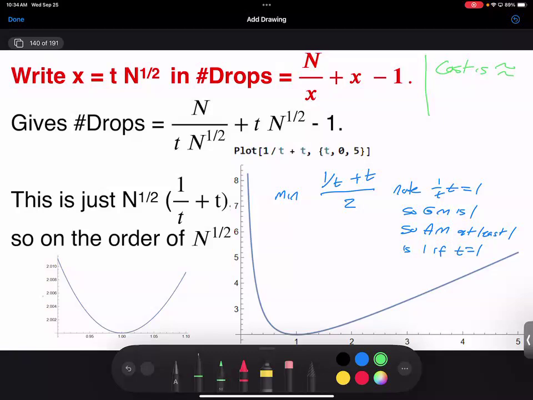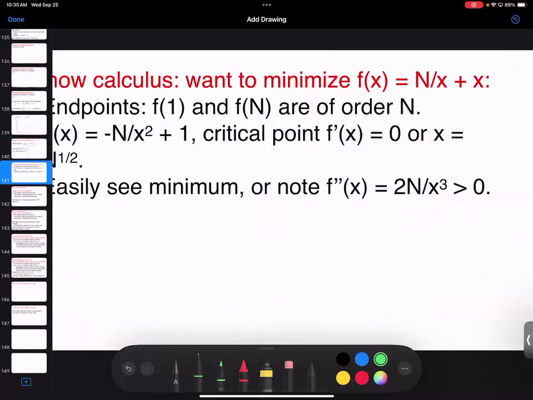So if you choose the best value of t, about how many drops is it going to take us? About 2 square roots of n. I'm not going to worry about the -1 and stuff like that. But worst case, the number of drops is going to be like 2 square roots of n. When we had 1 egg, how many drops was it? Worst case, approximately n. Then it was about 2 root n, right?